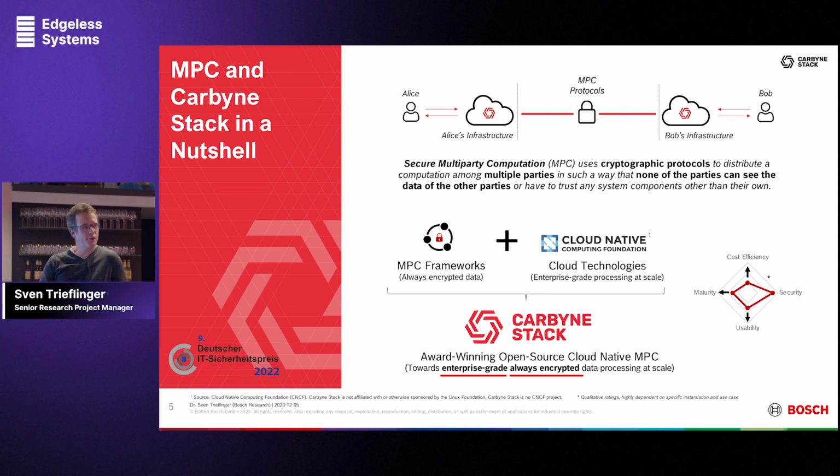And because it's a huge task to combine these two technologies, we decided to make this an open source project and try to find collaborators, mainly big companies that join in the effort and implement that stuff with us, together with the goal to, as I said, enable enterprise-grade deployment of these technologies. So I will talk about both aspects here at the bottom of the screen, enterprise-grade and always encrypted, a little bit more in the rest of the talk.